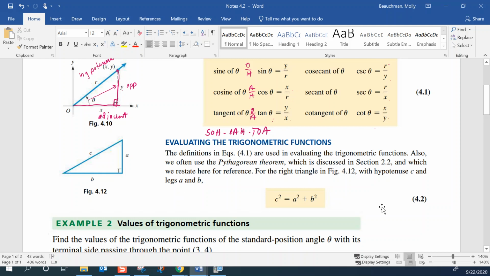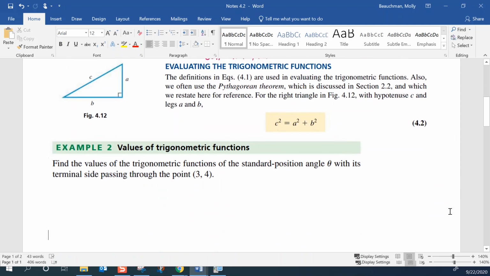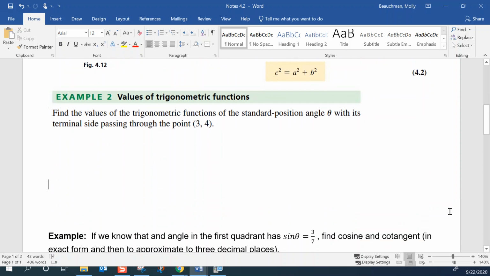Now we're going to take a look at how to find values of our trig functions. Example 2: find the values of the trigonometric functions of the standard position angle theta with its terminal side passing through the point (3, 4). I'm going to draw that angle.